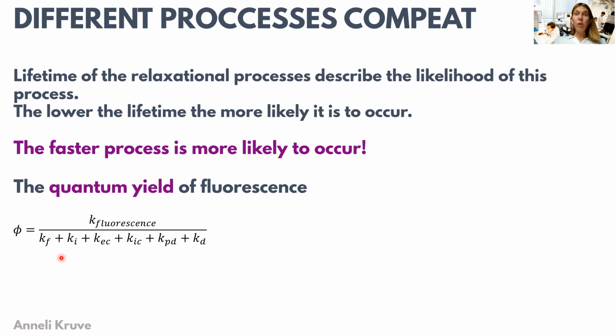So this was a short introduction to the energy levels of the molecules and how these are all playing a role in the fluorescence when we are doing our fluorescence measurements. In the next videos, we are going to look into the compounds that are fluorescing, as well as the instrumentation and some brief introduction into the applications of fluorescence spectroscopy.